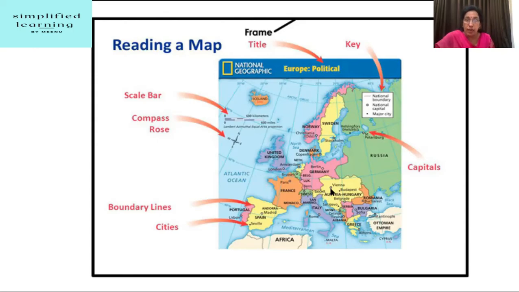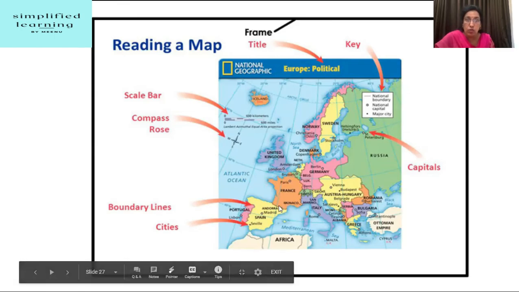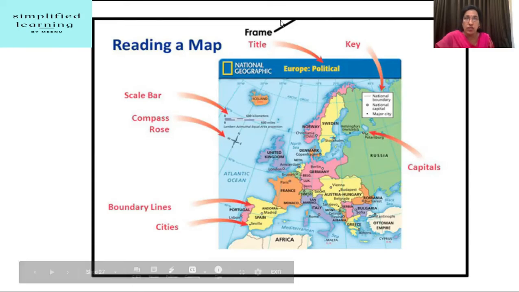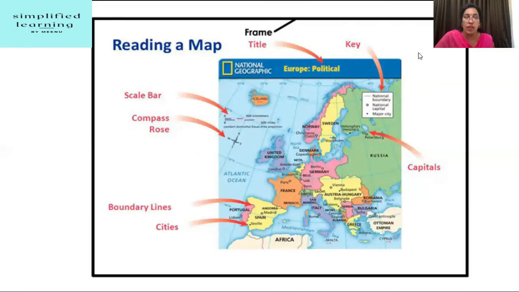Then you can see the capitals here, national capitals and the major cities. Those dots are smaller in size as compared to the national capital. So yes, the legend is the key to unlock the secrets of a map. Objects or colors in the legend represent something on the map.